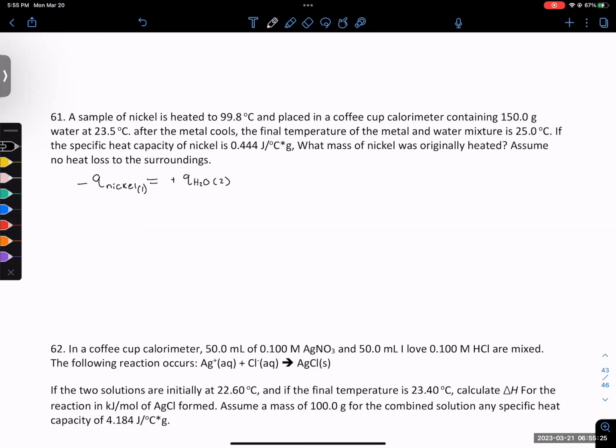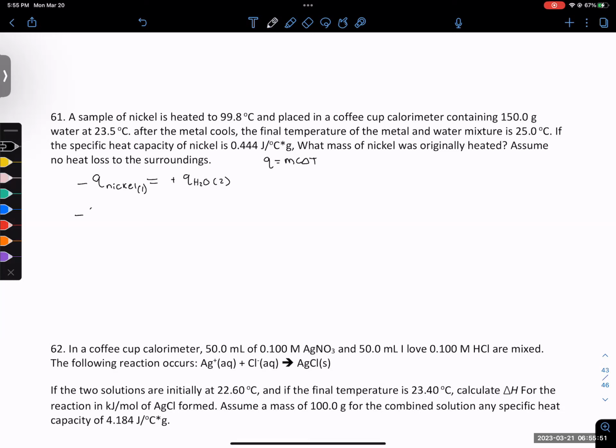We also know that the Q of anything, the heat associated with a process, is Q equals MC delta T, right? Using those two ideas, we just plug in these variables for each Q. We should get something that looks like this.